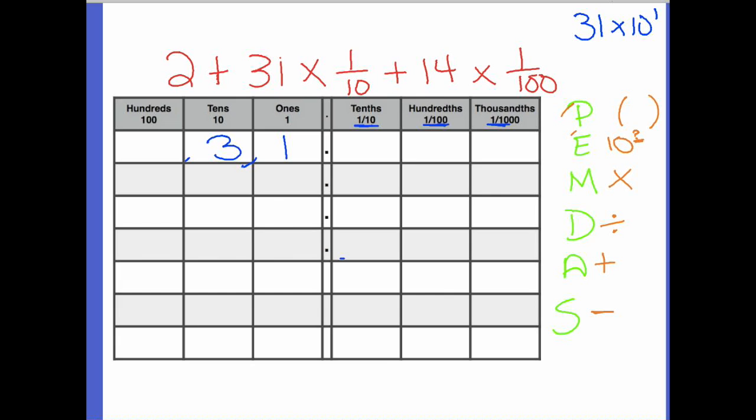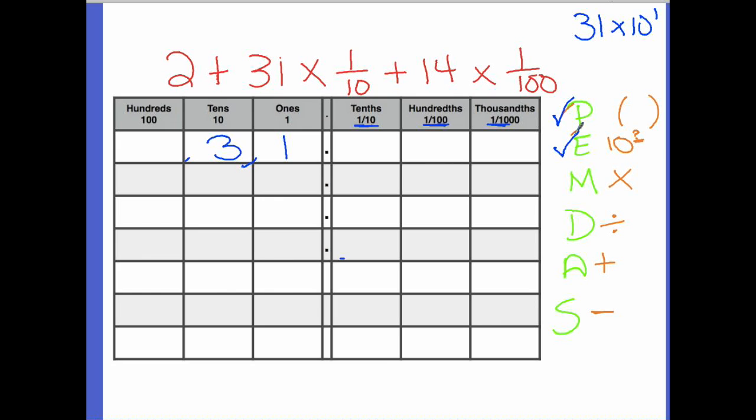So let's look at our order of operations. Parentheses. Do we have parentheses in this problem? Nope. Do we have exponents? Do we have multiplication? And in order of operations, you do whichever comes first, multiply or divide.